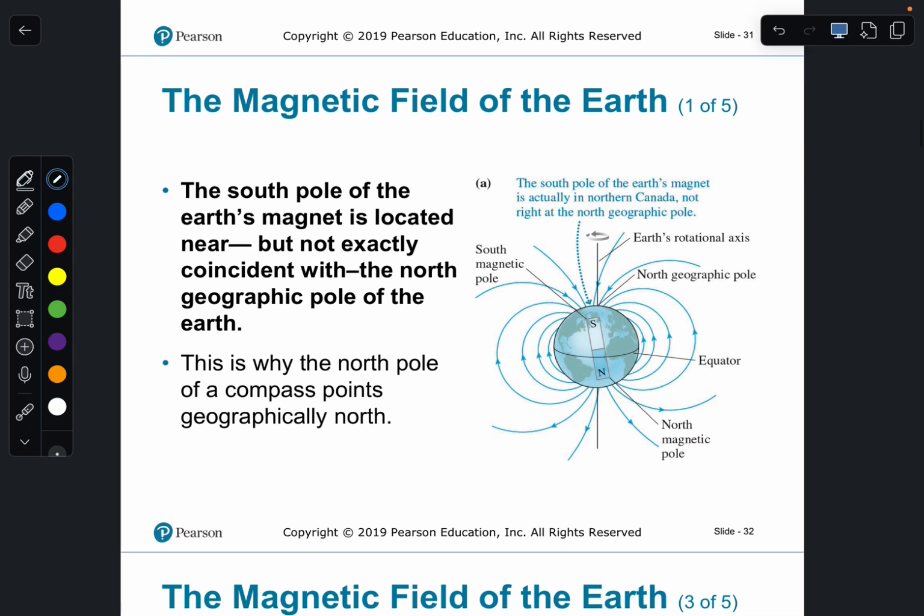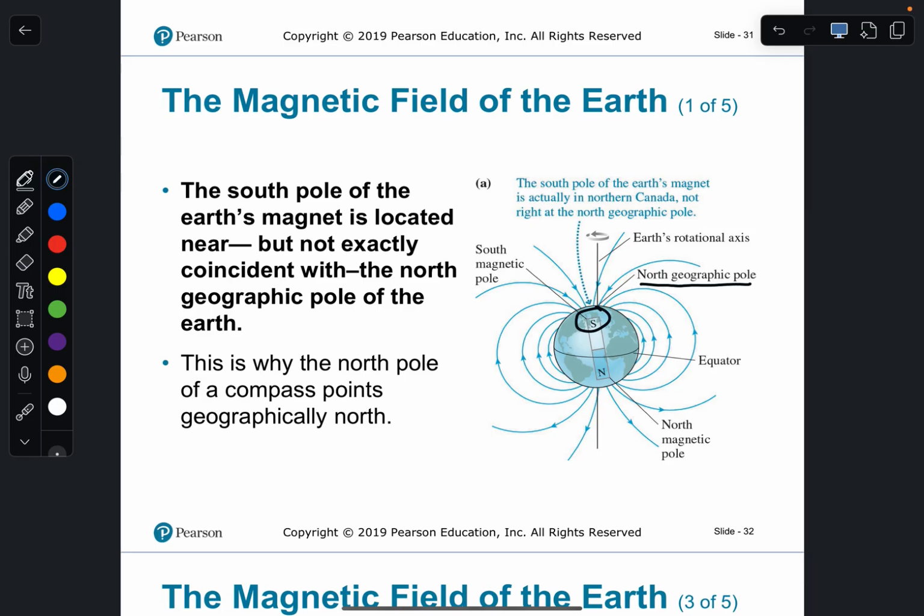Okay, let's talk about Earth, because this can get a little bit confusing. We have a North Pole and a South Pole, okay? The ones on the map are the geographic poles. Those are not the magnetic poles. A compass points towards the magnetic North Pole, not the geographic North Pole. So the geographic North Pole is near where the magnetic South Pole of the Earth lives.